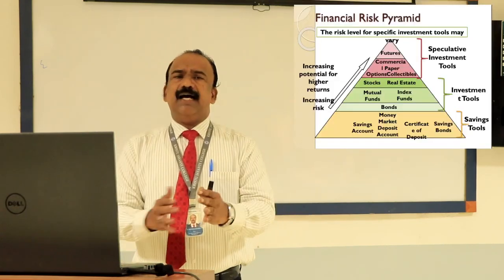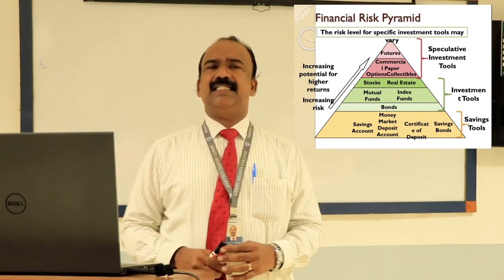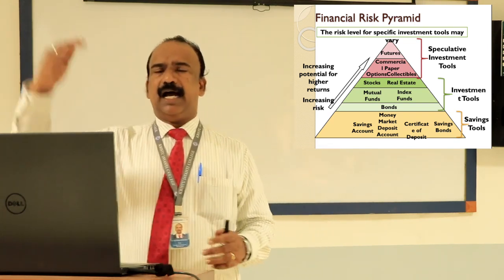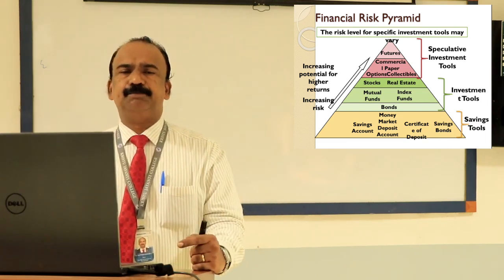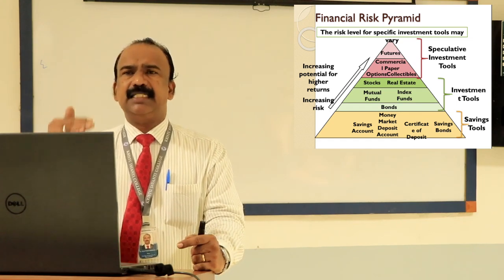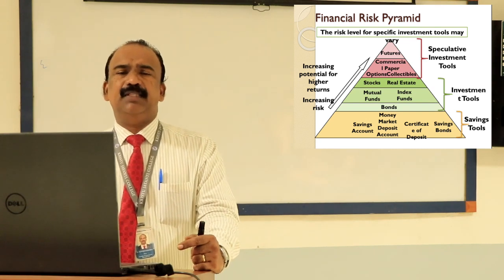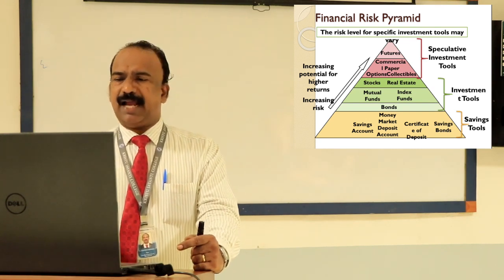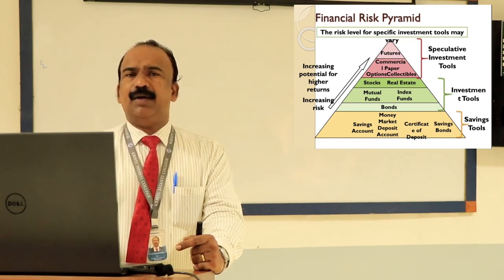So this is the financial pyramid of various asset classes. In terms of risk, they have been classified. Look at the base of the pyramid. The base of the pyramid is cash equivalents, that is, bank deposits. Bank deposits have lower risk.